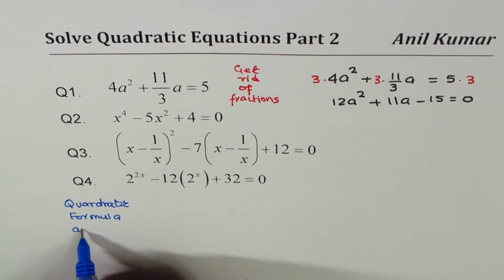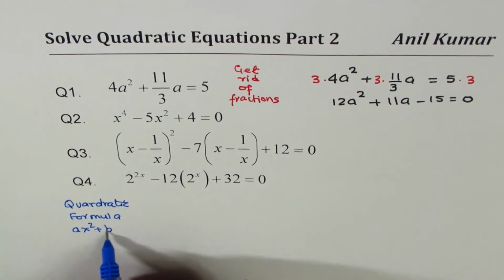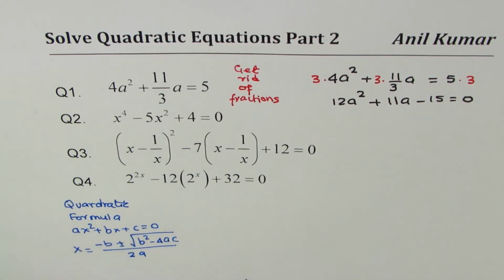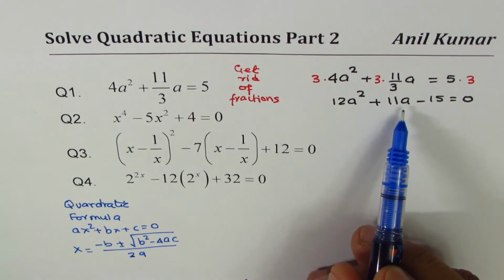If the equation is ax square plus bx plus c equals to 0, then x is equals to minus b plus minus square root of b square minus 4ac divided by 2a, correct? So that gives you possibly 2 values of x. If the term in square root is negative, then we have no solution, correct? Okay. Now, so you can use quadratic formula and get the solution.